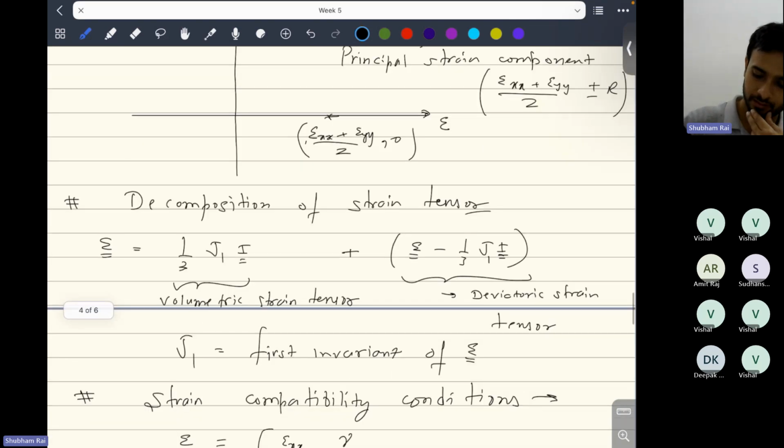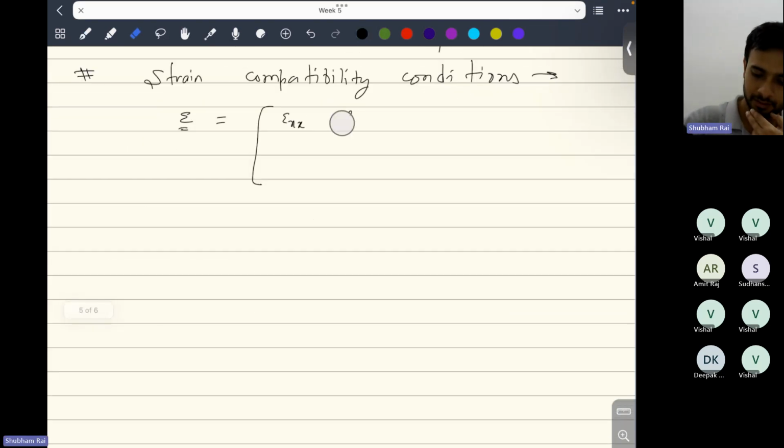Anyway, if I write gamma, that will be half of gamma, but I'm just writing the tensorial strain. So the tensorial component of the shear strain will be epsilon xy, and this is xz. So yx, yy, yz, xz, xy. Sorry.